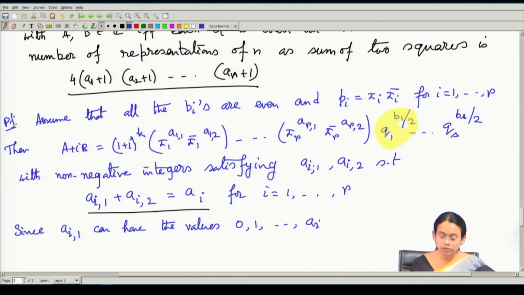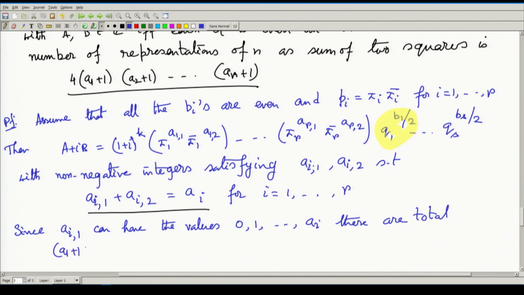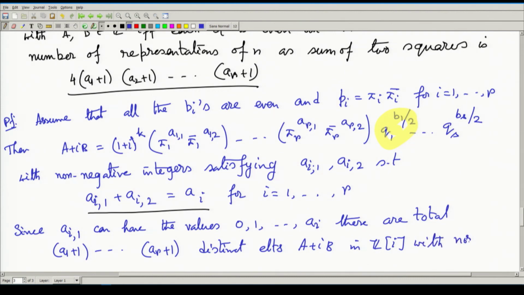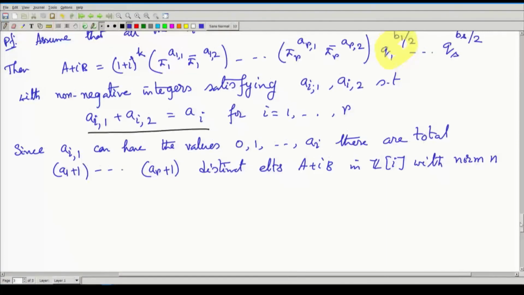Since each of these can have these many values, there are a total of (a1 plus 1) up to (ar plus 1) many choices of distinct elements a plus ib in Z[i] with norm n. And there are 4 units, so I will multiply this with 4 and that will give you the correct count.